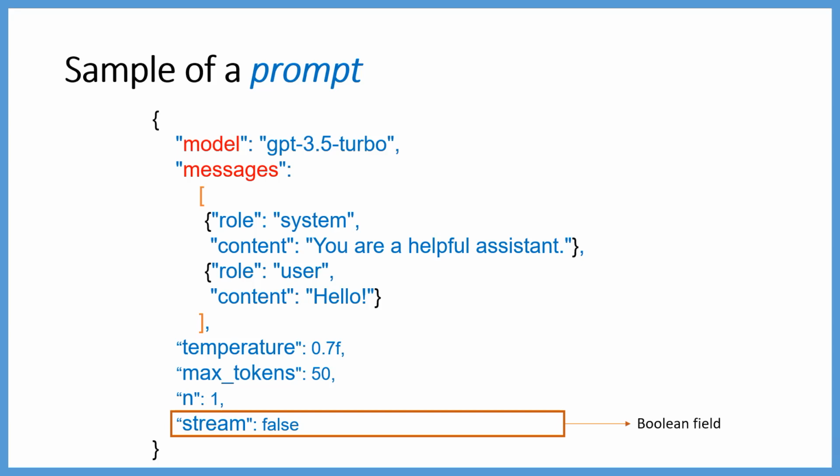When stream equals false, the API returns the whole response as a single string. Under this circumstance, the API takes longer to respond. When stream is true, the API returns partial messages in a series of string arrays. This is the way ChatGPT reacts.